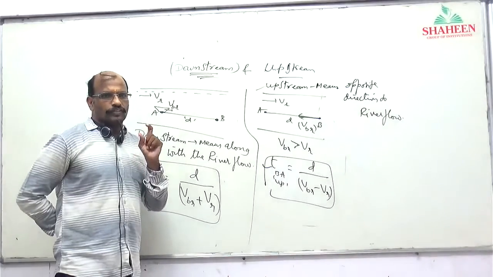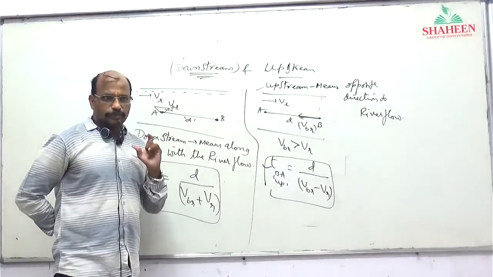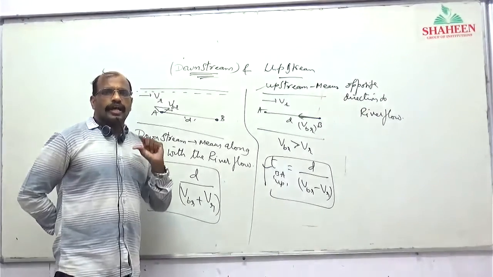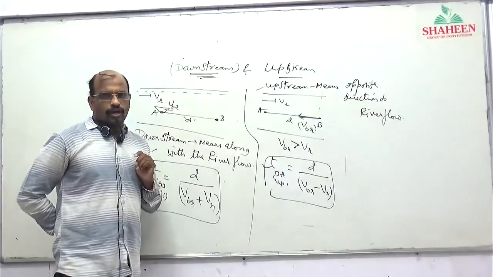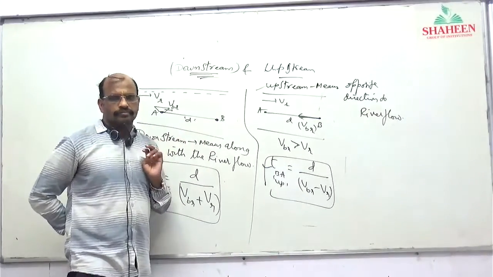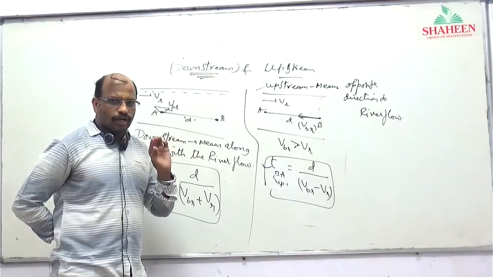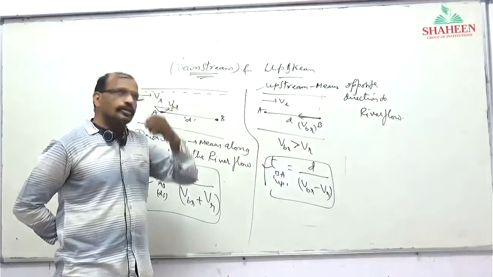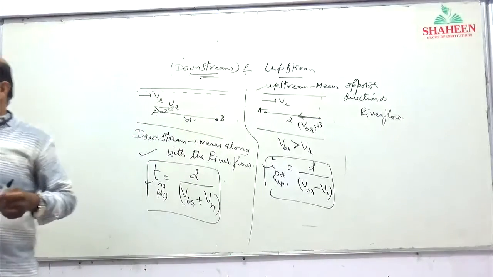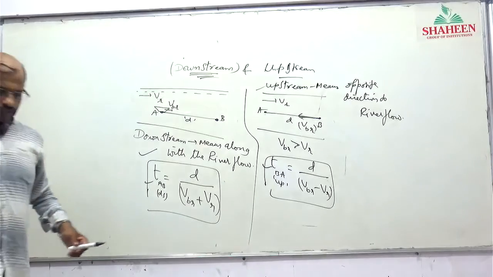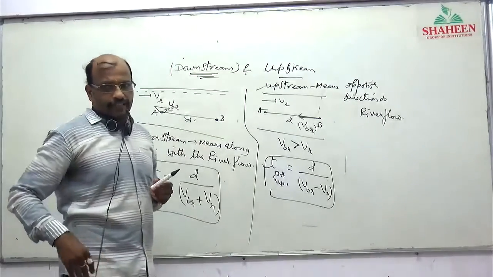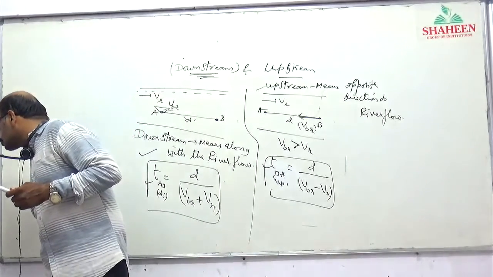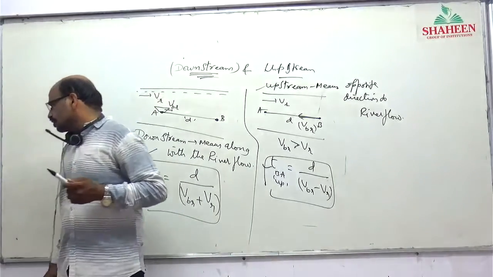If the velocity of boat with respect to river, or direction of boat with respect to river, is along the direction of river or is in the direction of the river, is along or in, same meaning, then it is said to be downstream. Is it clear?